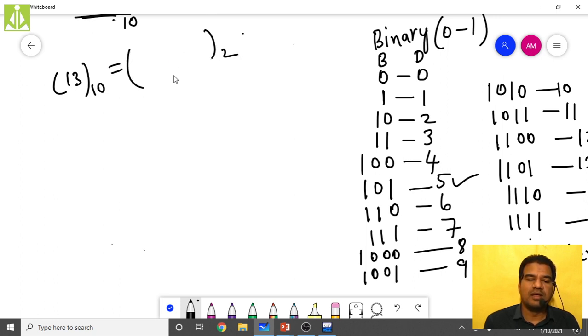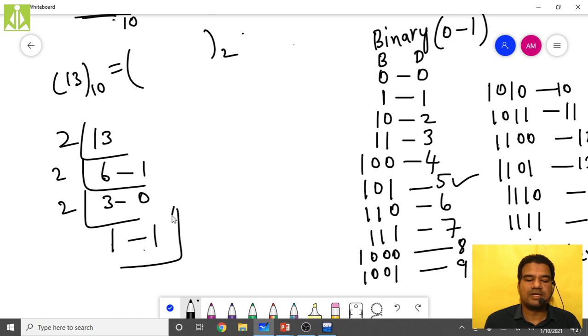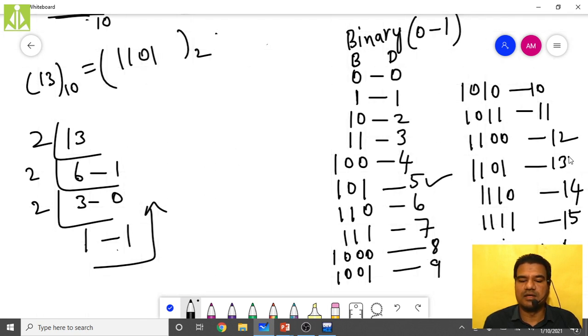Take 13 and start taking the LCM. 2 6's 12, remainder 1. 2 3's 6, remainder 0, and 2 1's 2, remainder 1. Go in this direction: 1 1 0 1. I wrote the same thing here. Yes, 1 1 0 1 for 13.